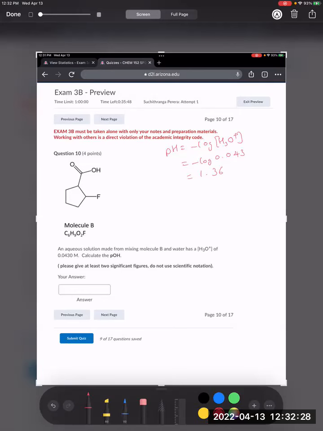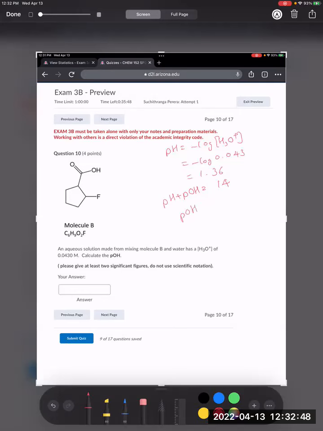Then what we need to do is, we know that pH plus pOH is equal to 14 at 25 degrees Celsius.